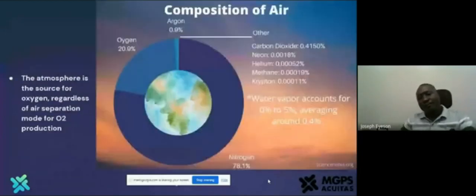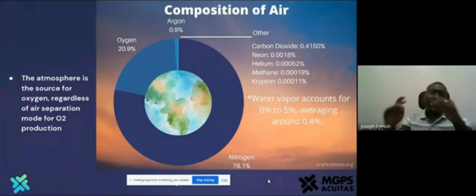We all know that from the basis of the PS system, the critical gas is the main gas, oxygen, and we actually get it from air. Air is composed of 21% oxygen, 1% argon, 78% nitrogen, and other gases.